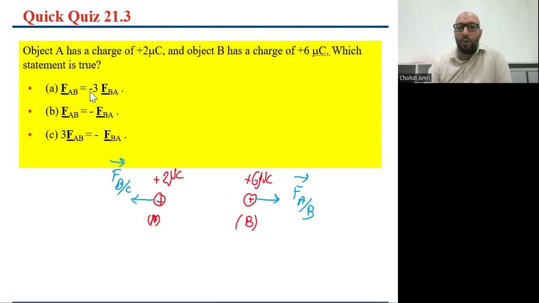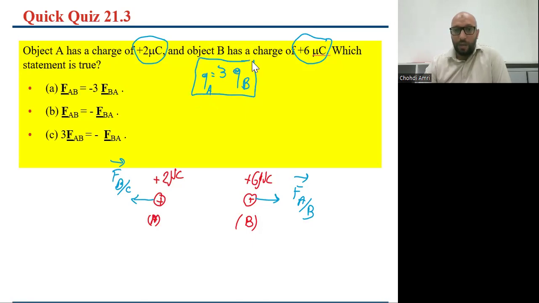FA on B equals minus 3 FB on A. FA on B equals minus FB on A. 3 FA on B equals minus FB on A. Be careful here before answering this question. 3 microcoulombs, 6 microcoulombs. There is a factor of 3 between them. So yes, QB equals 2 QA.